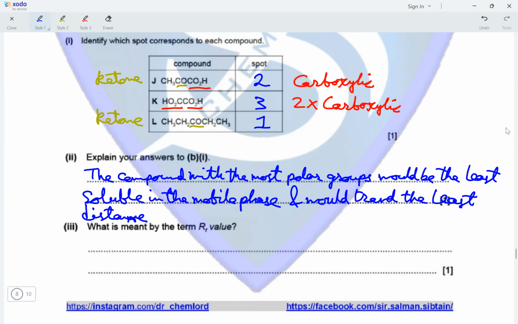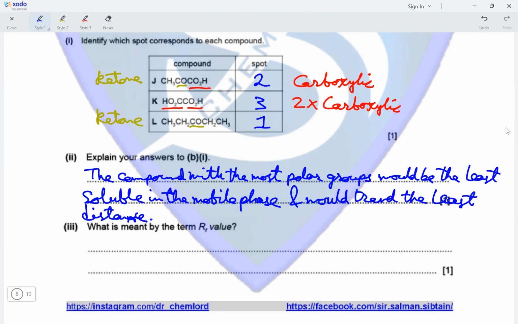This answer can also be written with respect to the least polar. So the compound with the least polar group would be the most soluble in the mobile phase and would travel the greatest distance. So both ways the answer is correct.